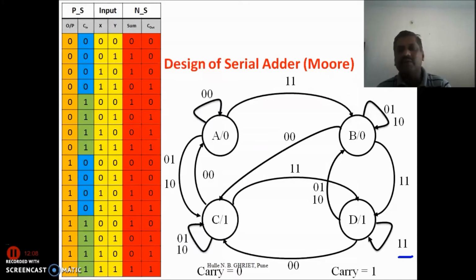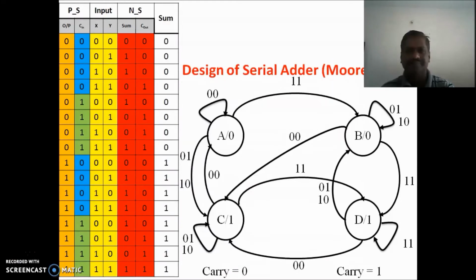And in case of the Moore model, the possible number of the states is equal to the things which we have to memorize plus which we are memorizing has different combinations of the outputs again. Means we have to use both combinations together, and that will give the possible number of the states. In design for the serial adder, the number of states is equal to 4. And this is the preparation of the state diagram.